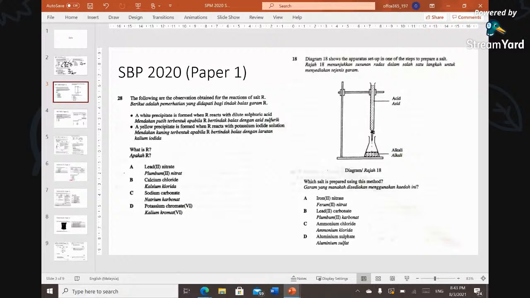Okay, the next question, question 28. The following are observations obtained for the reaction of salt R. A white precipitate is formed when R reacts with dilute sulfuric acid. So if a white precipitate forms, it means it produces an insoluble salt.